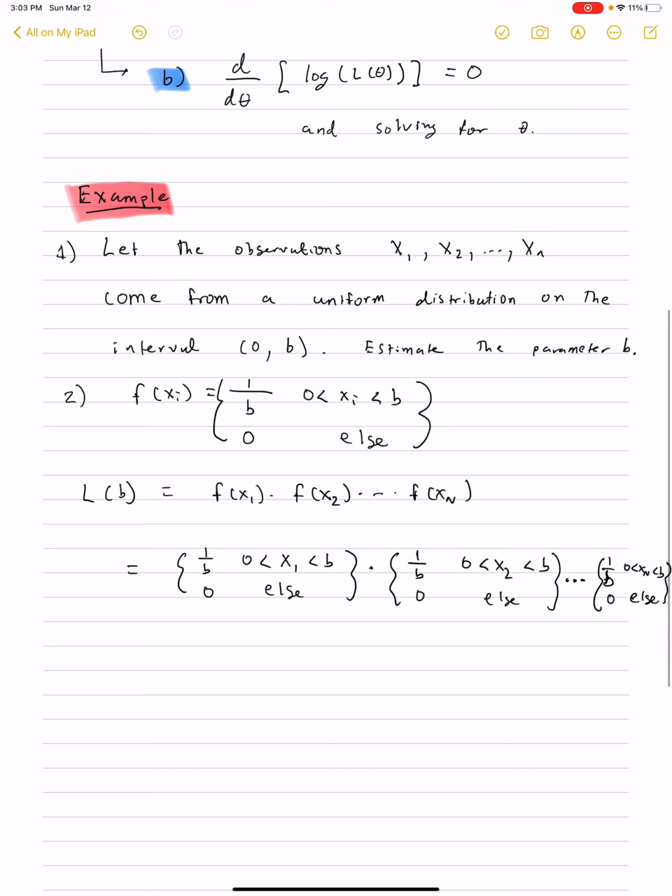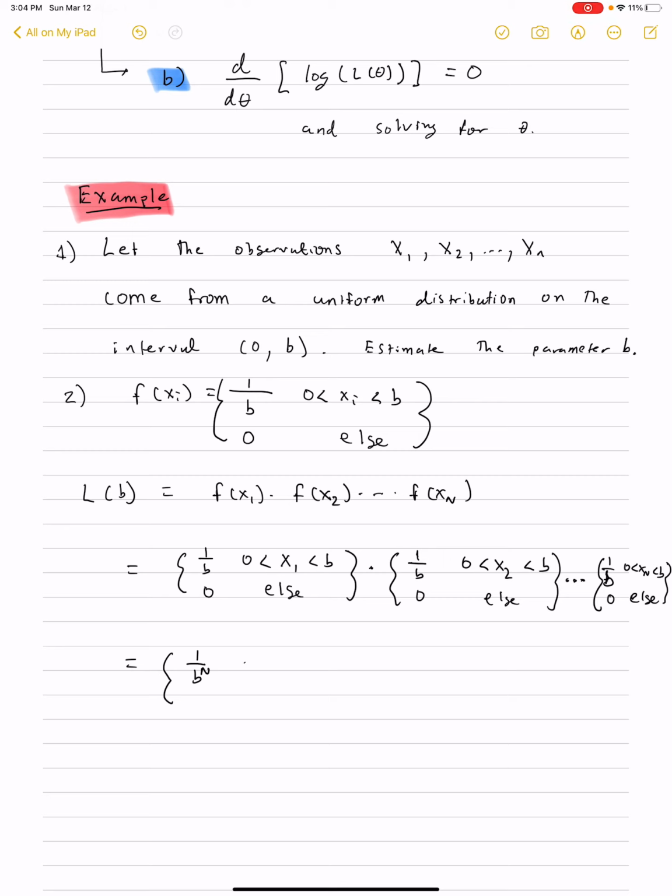Okay, well, what is this product? You might say that's 1 over b to the n. But that's only if each of our observations, x1 through xn, are less than the parameter b.